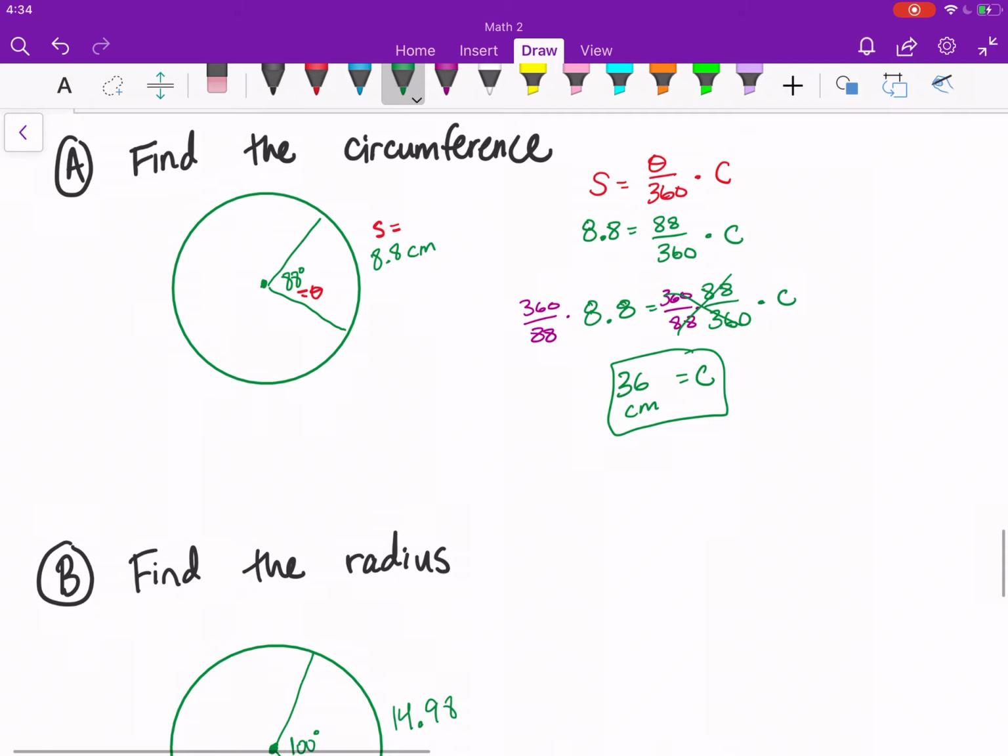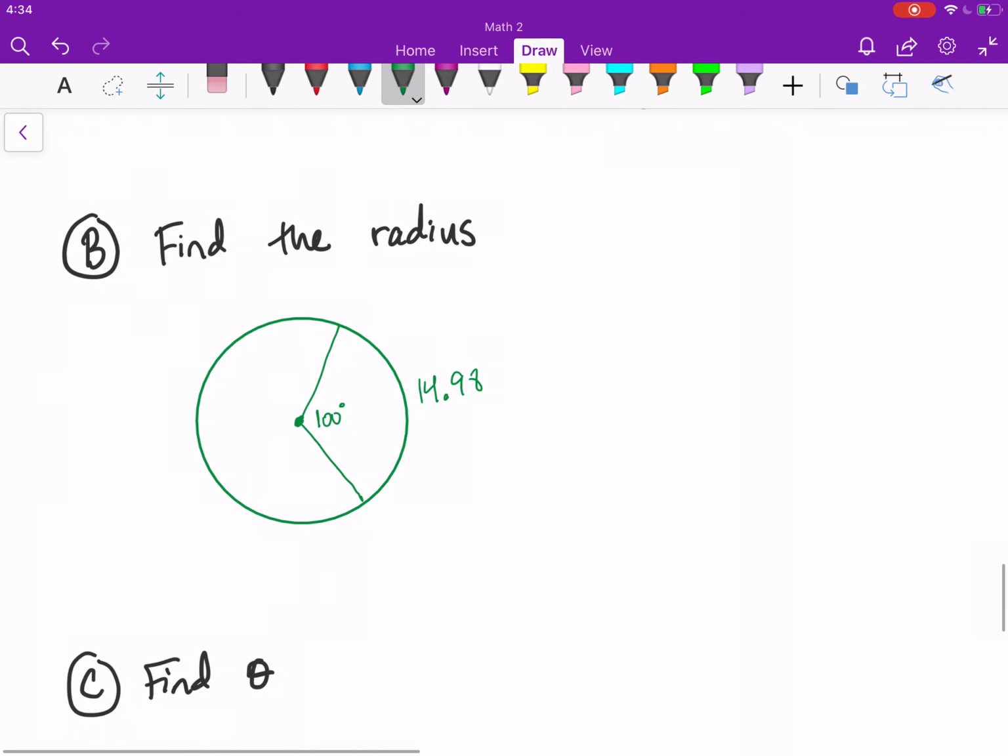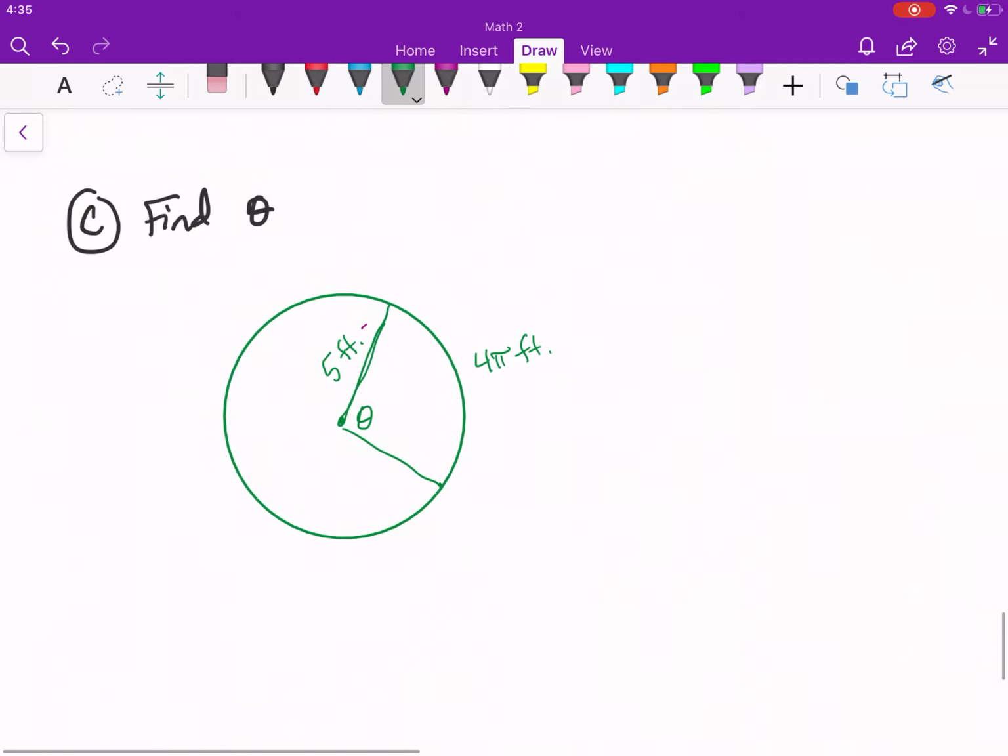So let's see another one where we have to go backwards a little bit. So we're going to find a radius this time. That's actually not one I want to do because we already did one like that. That's like number 7 where you find a radius. So let's just do this one. So this one we're going to find theta instead, where we've got the radius and we've got the arc length. So remember, arc length is theta over 360 multiplied by circumference.